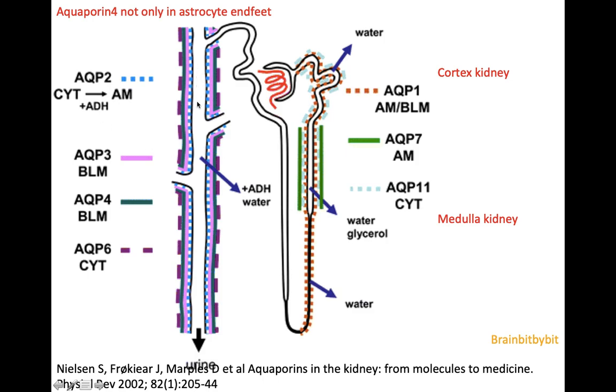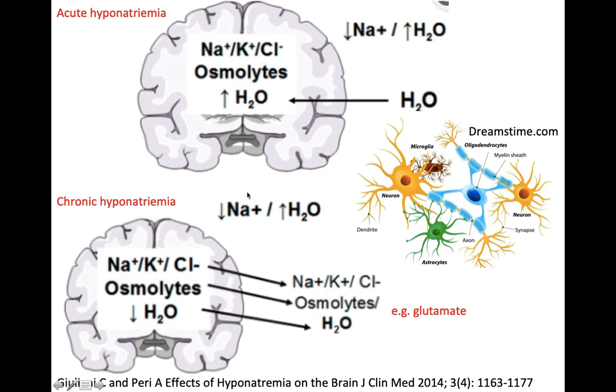So if more water is reabsorbed from the urine back into the blood, the concentration of the electrolytes in the blood goes down. And the brain wants to maintain an equilibrium.